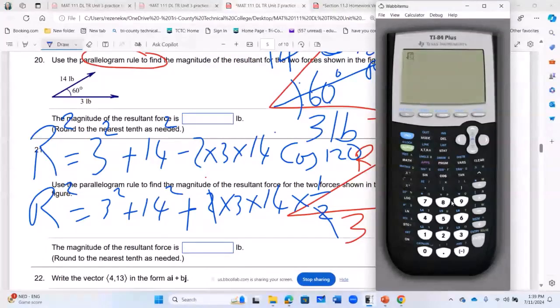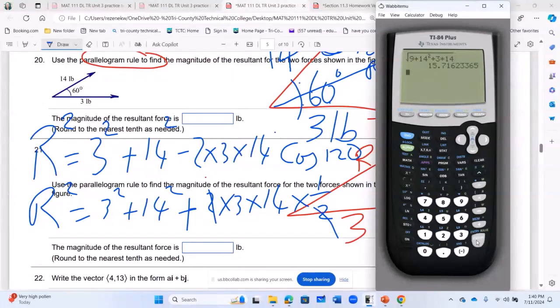I can just put 9 there, plus 14 squared, plus 3 times 14. All right, so I have to check and make sure that I got it right. 9 plus 14 squared plus 3 times 14. We have taken care of the 2. And when I hit enter, we found the resultant force.